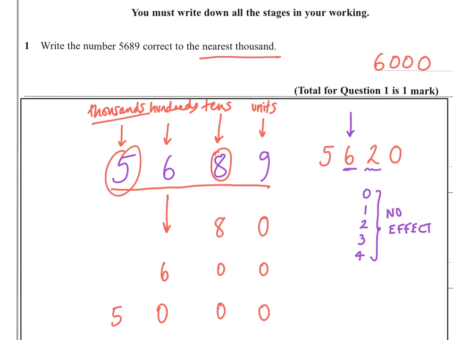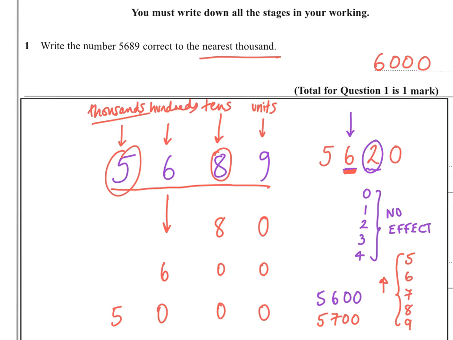So the answer to the nearest 100 in that case would be 5,600. But if this number here was a 5, a 6, a 7, an 8, or a 9, then it would move this number here up 1, and then you'd get the answer 5,700.